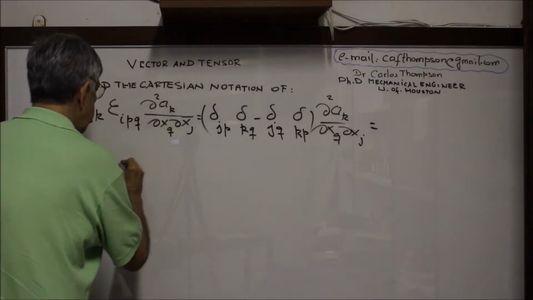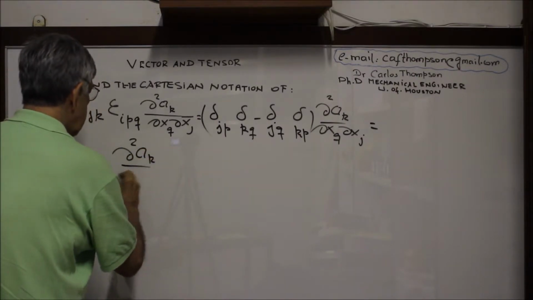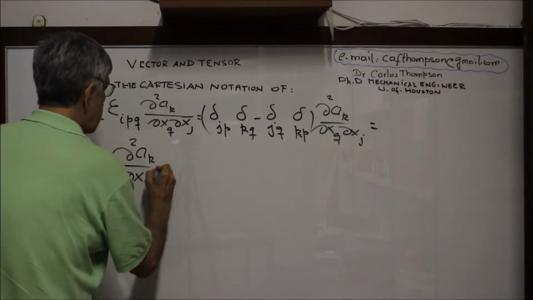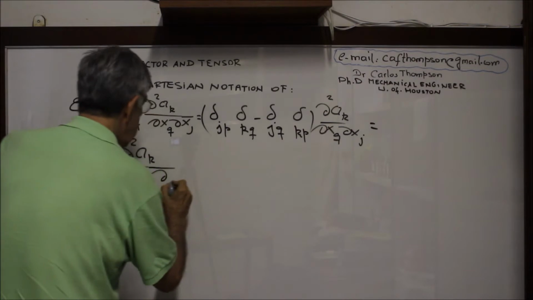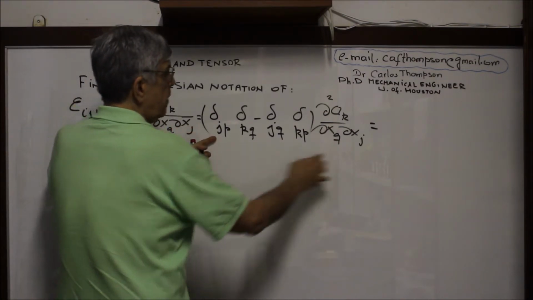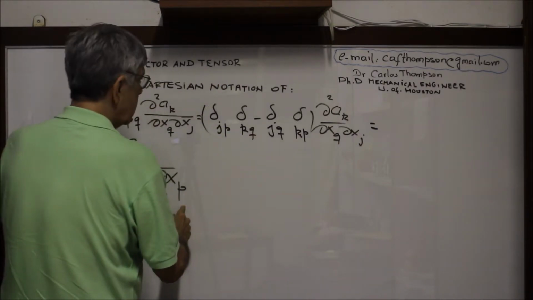So this will be second derivative of A k, now partial of x q, partial of x p. See, jp, remove j and put p.